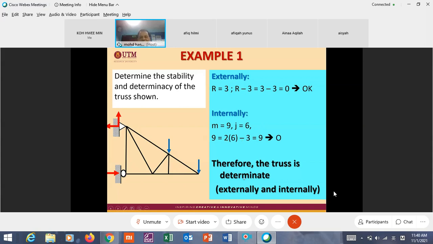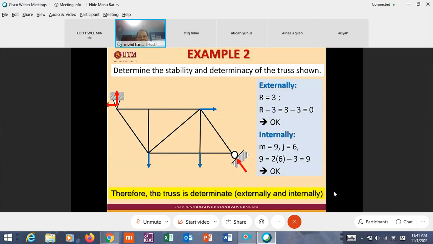Then it is externally and internally determinate. Or we can say that there is no redundancy, whether internally or externally.